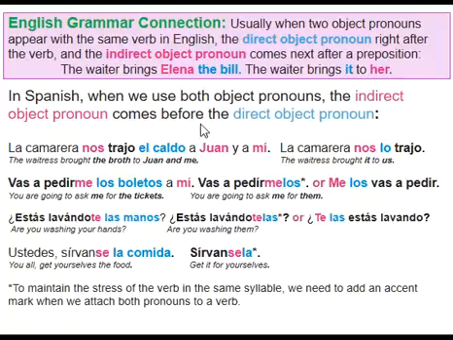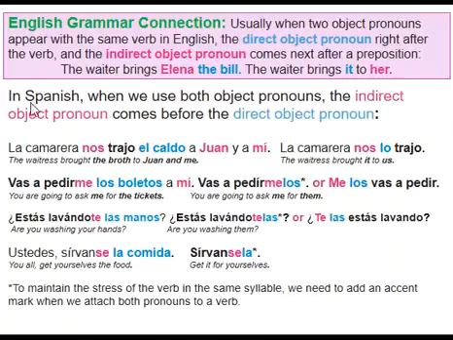See? Well, it's different in Spanish as well. Notice that usually the indirect object is going to be placed after the direct object. In Spanish, it works exactly the opposite, okay?